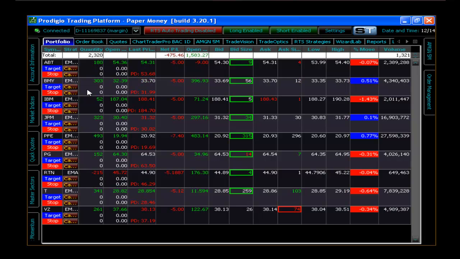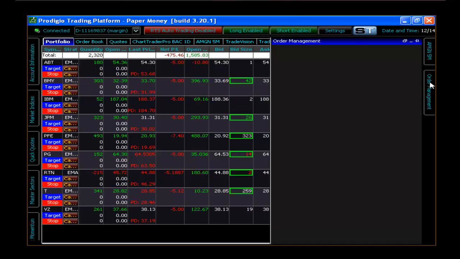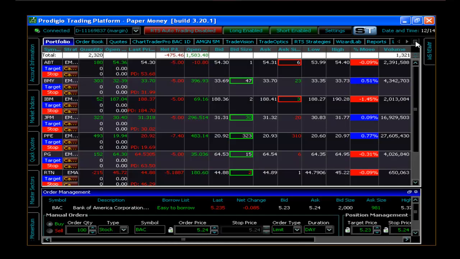So, for example, here's an overview of the portfolio, which shows me all of the positions that I have open all at the same time. The portfolio gives me quick access to all of the positions that I have open, so that, for example, I can very quickly and easily bring up my order management. That's where I've got it here. Let me unpin this.